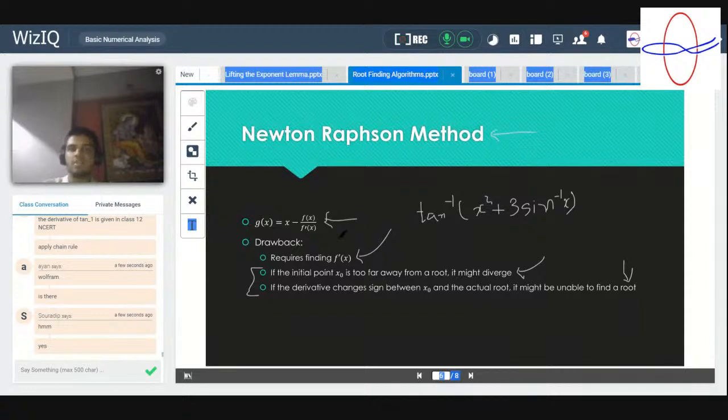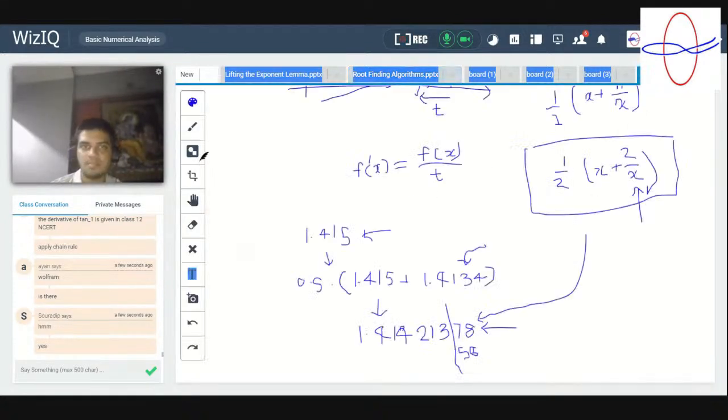In fact, it needs to be differentiable at all the points from the value you take up to the root, and that's something you'll have to keep checking. But yeah, more importantly, if the initial points are too far away from the root, it might diverge.